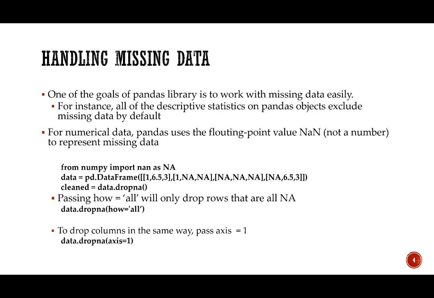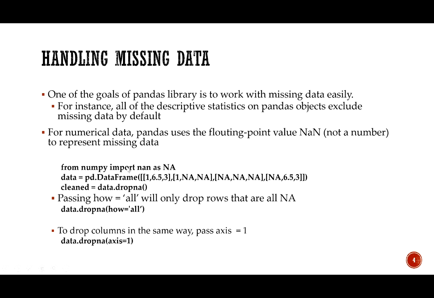For numerical data, Pandas uses the floating point value NaN, or not a number, to represent missing data. Here you can see an example. First, we are importing the Numerical Python library. This library has a large collection of mathematical functions.